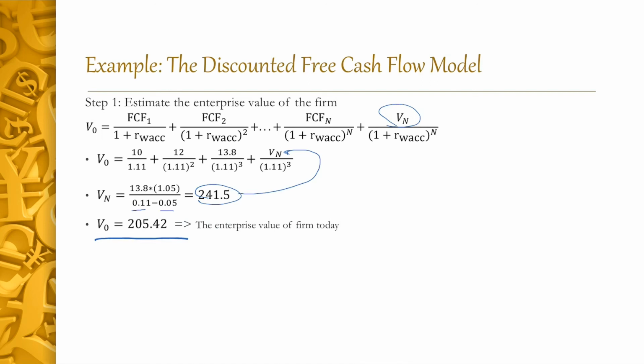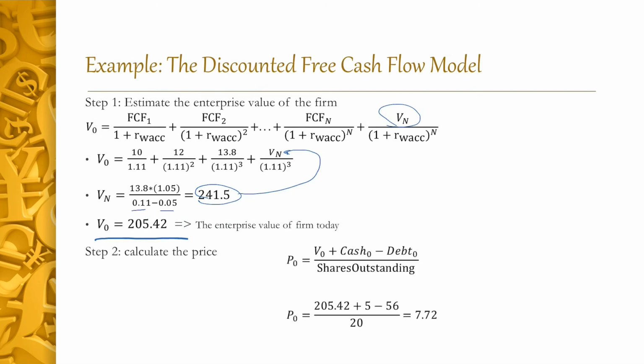We have all this information from the example. So I'm just going to substitute these numbers, and what I get at the end is $7.72. So the price today is $7.72.